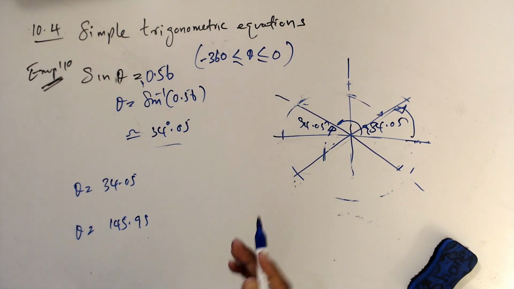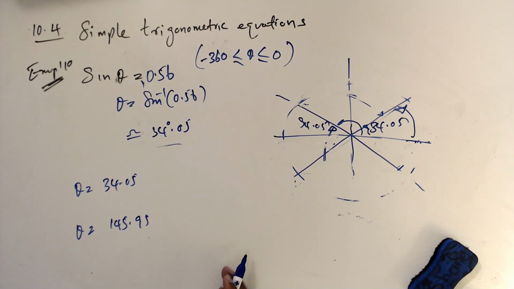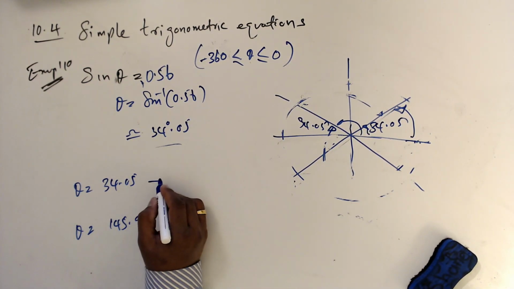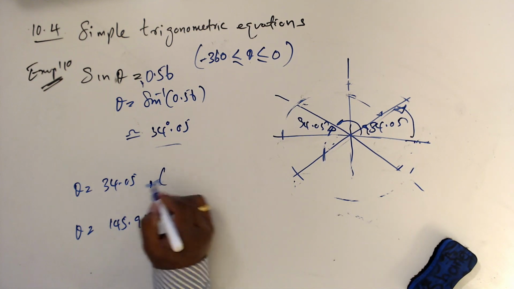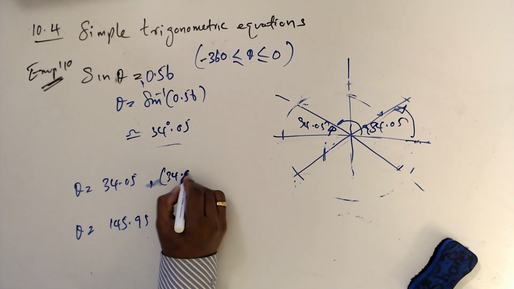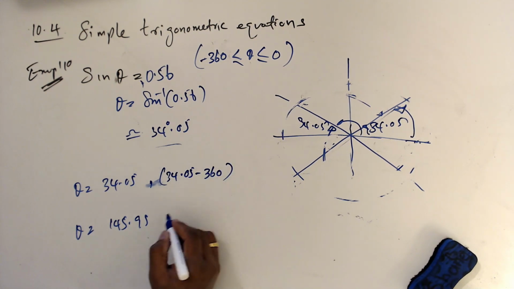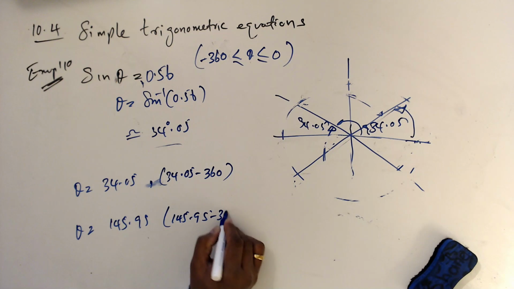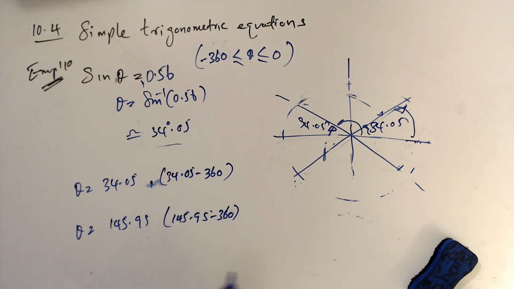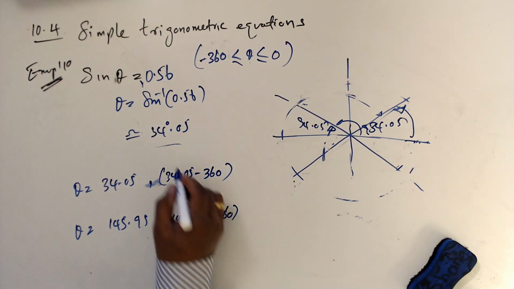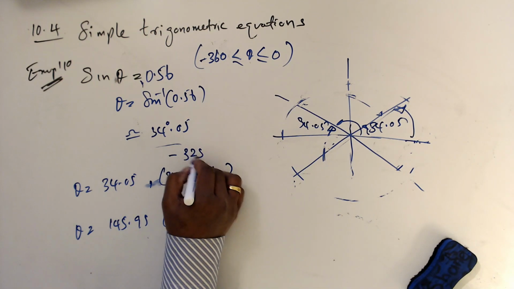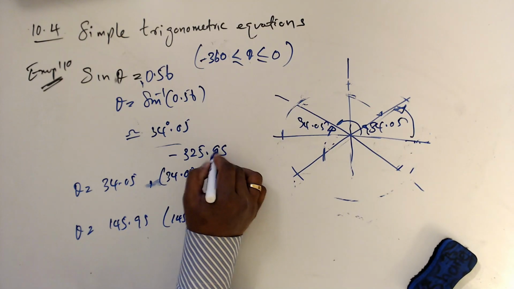Now the range is different. Now what could you do? You have to take it out, go backward now. 34.05 minus 360 and 145.95 minus 360. Not adding, you are going backward. So this answer is minus 325.95.